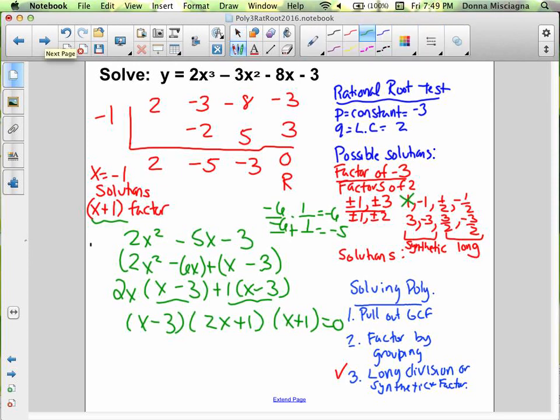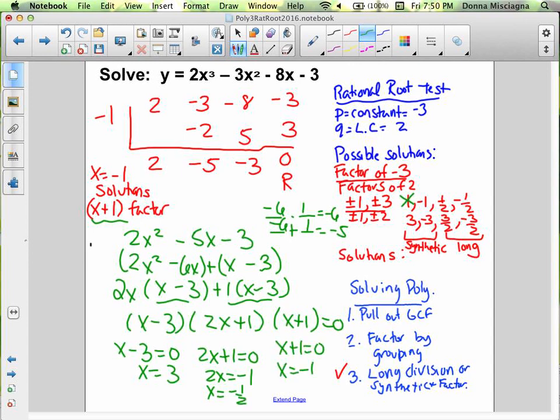So our solutions, we have x minus 3 equals 0, so x is 3. 2x plus 1 equals 0, so we'd have 2x equals -1, divide by 2, x is -1/2. And the last one, x plus 1 is 0, x is -1. So the solutions were x equals 3, x equals -1/2, and x equals -1.